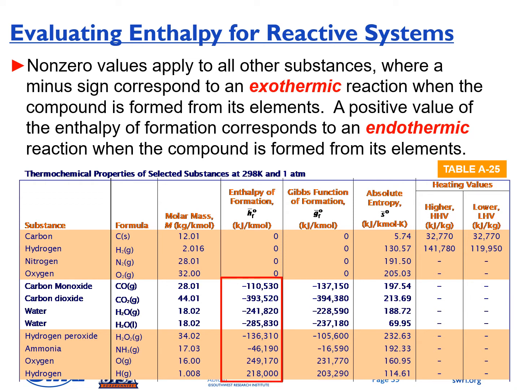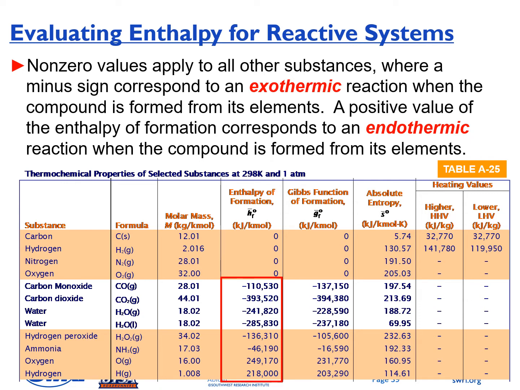A non-zero value applies to all other substances. A minus sign corresponds to an exothermic reaction when the compound is formed from its elements. A positive value, for sure, corresponds to an endothermic reaction.